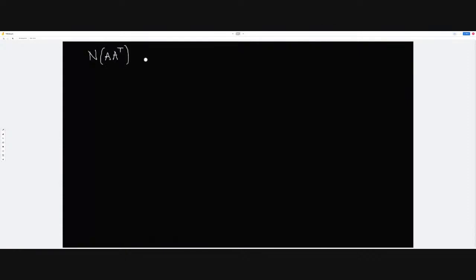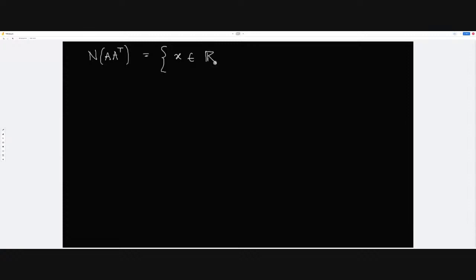So what is the null space of A transpose? This is the collection of all X belonging to R^n, an n cross 1 column, such that A transpose of X is 0. For now, I'm taking it all real because the complex part is already taken care of.